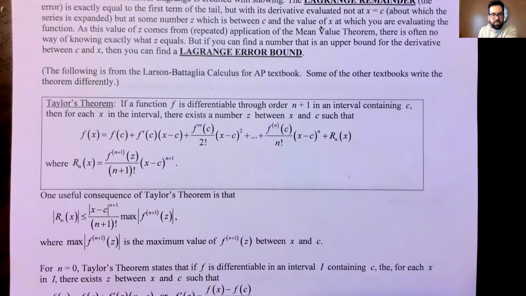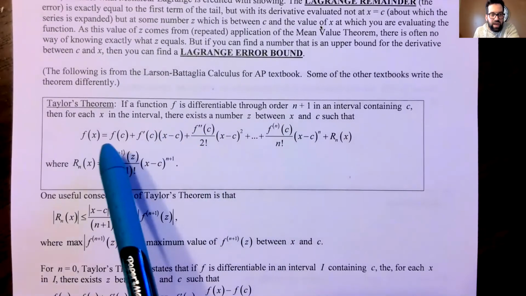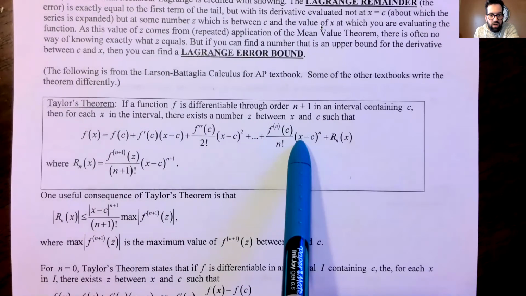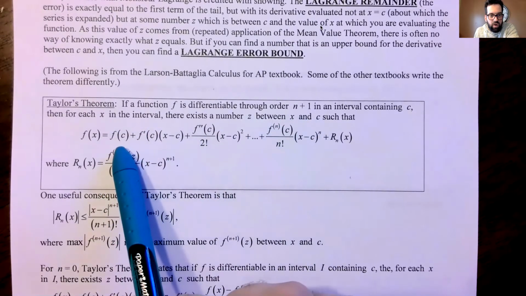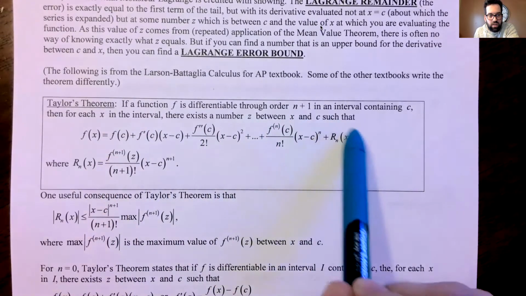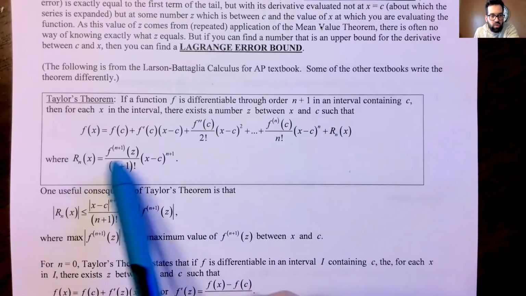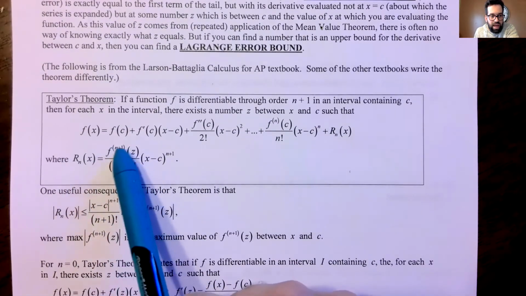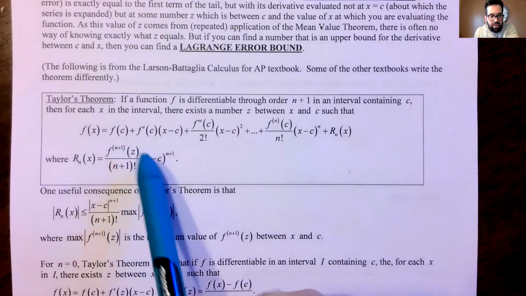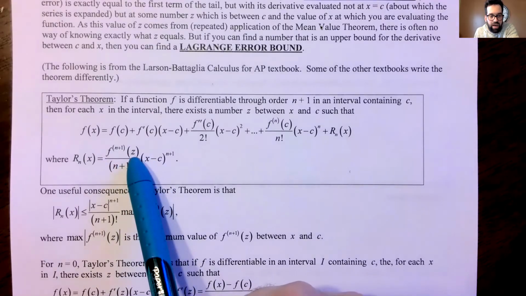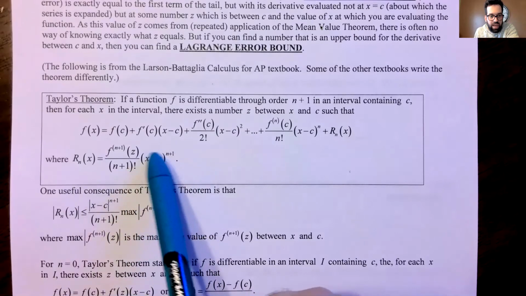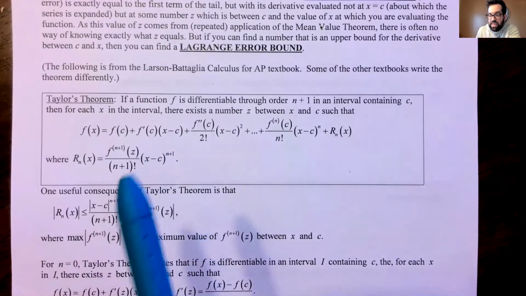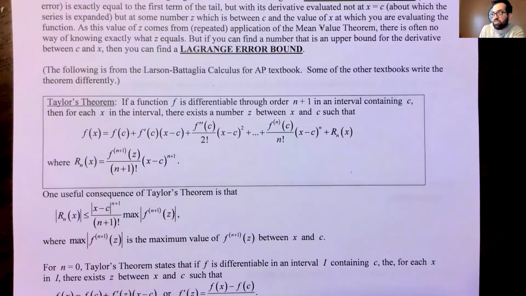So we have Taylor's theorem here. If we have some certain number of terms, n terms, that we're including as our approximation, the remainder is equal to f to the n plus 1 derivative at some x value that we're calling z, over n plus 1 factorial times x minus c to the n plus 1. It's actually not that different from the alternating series remainder.